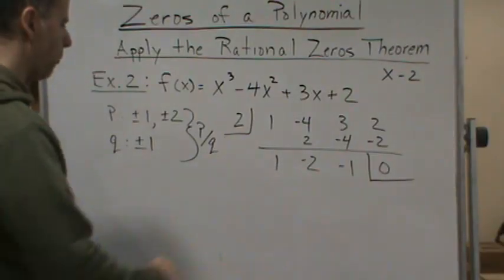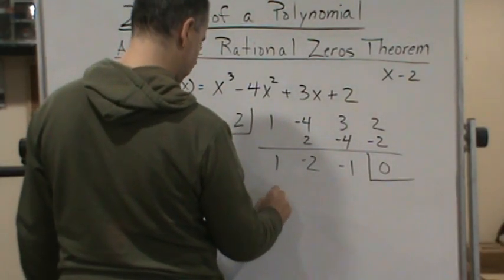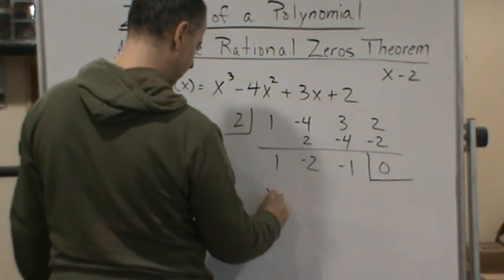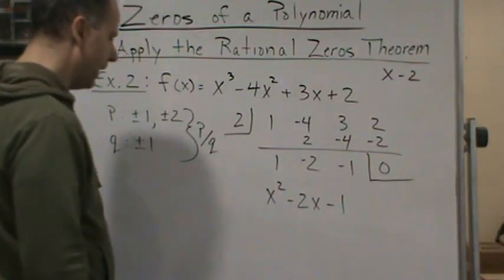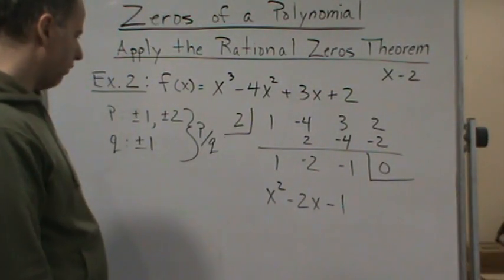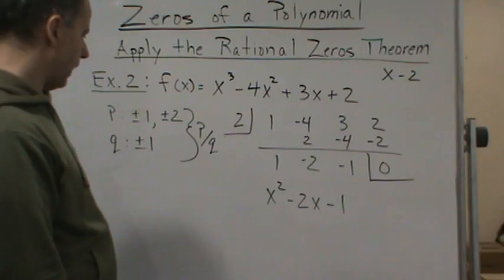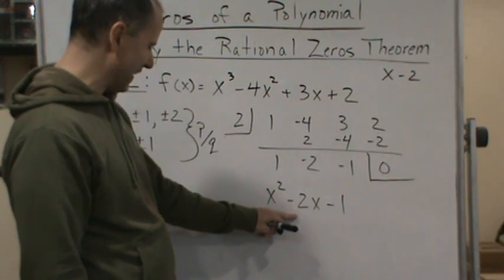Now, my resulting polynomial is going to be x squared minus 2x minus 1. Now I can factor this quadratic, right? All I have to do is find factors of negative 1 that add to negative 2.